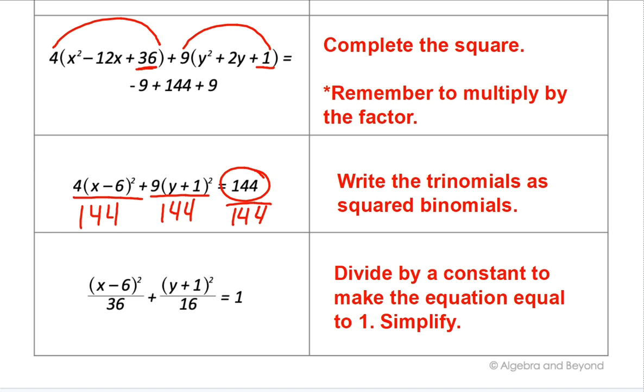When I divided those by 144, that's where you're seeing the denominators of the fractions come from when we reduce those fractions. And now we have our ellipse graphing form. So again, I could find my key points, my centers, and all that good stuff, where my focus would be.